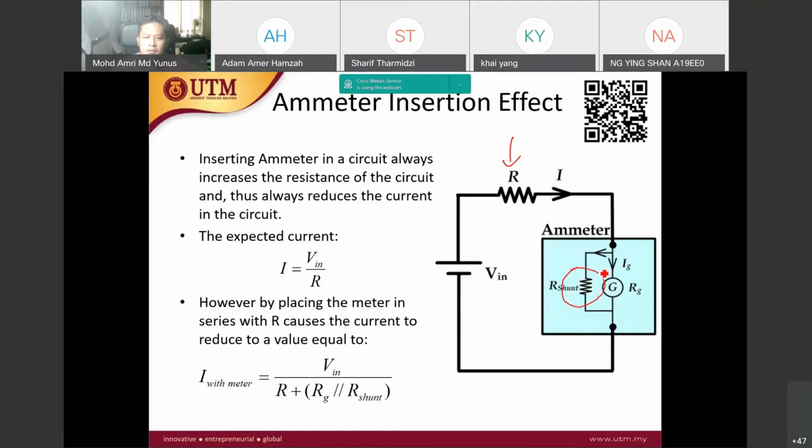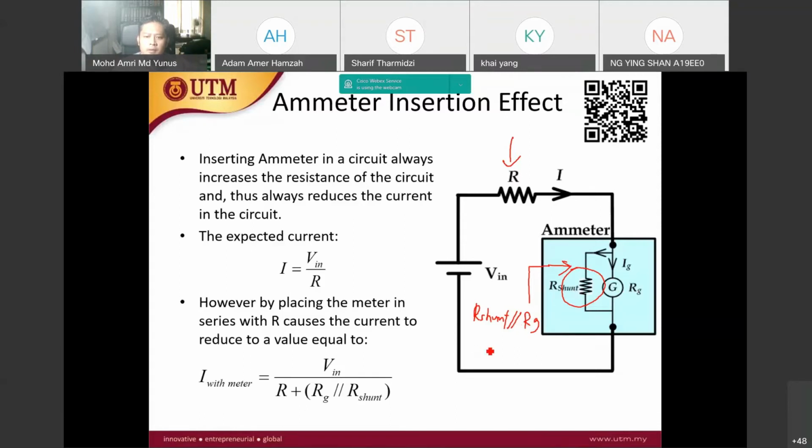So the total internal resistance of an ammeter is basically R shunt in parallel with RG. RG is the internal resistance of the PMMC, and R shunt is the shunt resistor.